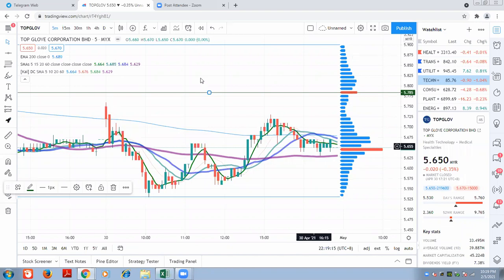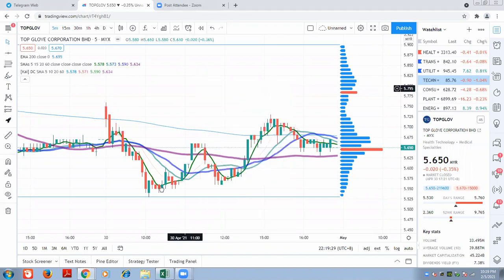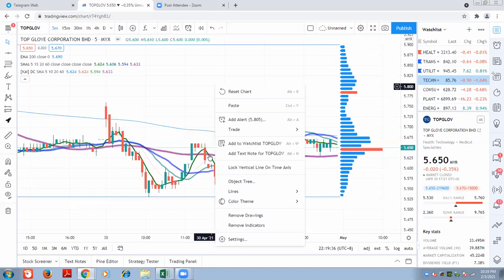So there will be no reason you fail after this. You just need to practice. So I give the SMA, EMA, and I give this one. Only the volume ratio is still not free.